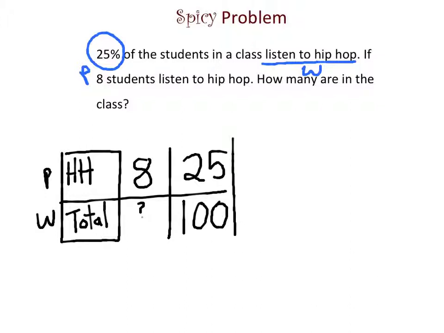Now, I've got a bit of a problem here because 25, well, I could figure out how to get from 25 to 8. I could do 25 divided by 8. Then I'm going to end up with a decimal and I have to deal with that. I think it's going to be much easier if I notice that I can simplify something. 25 and 100, I can divide both of them by 25.